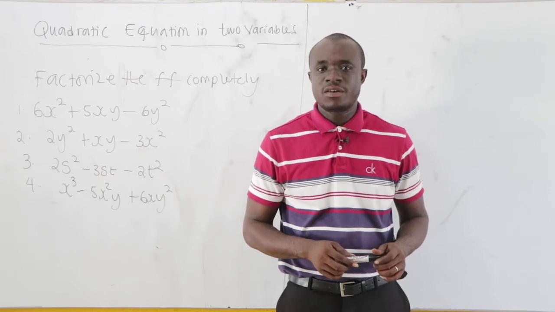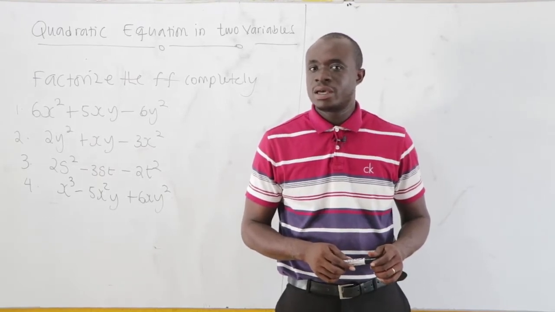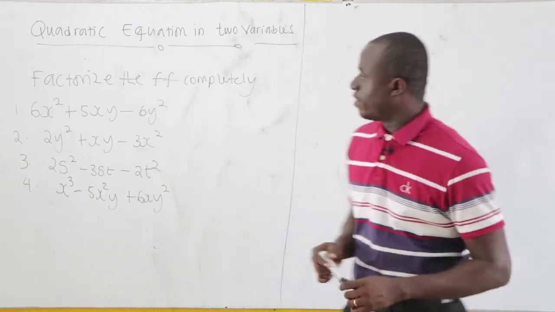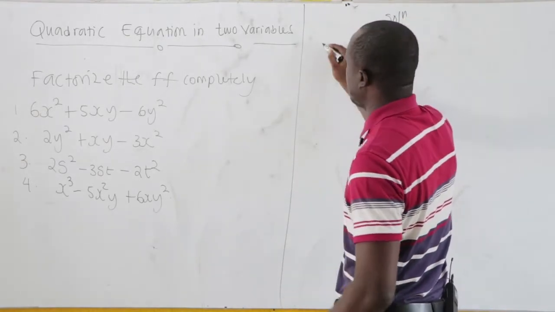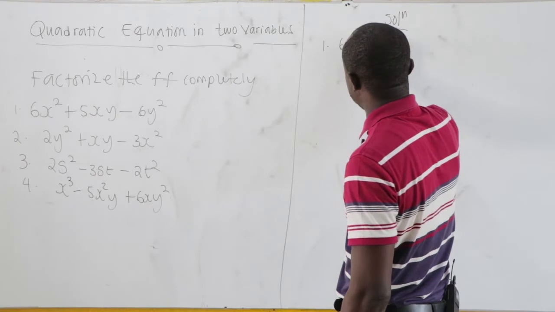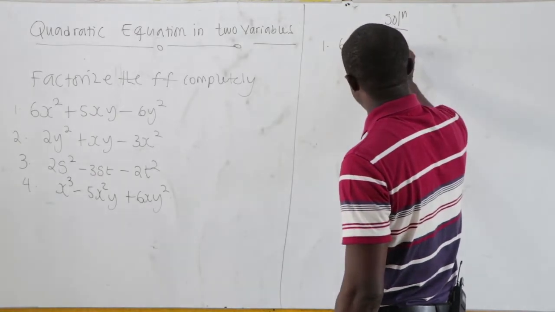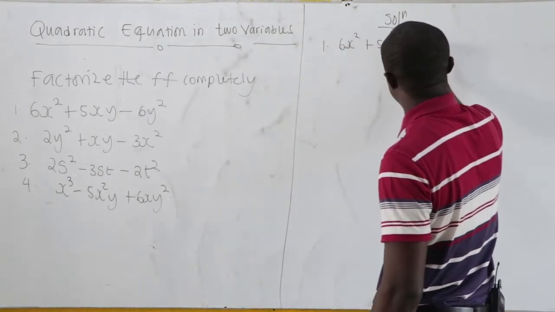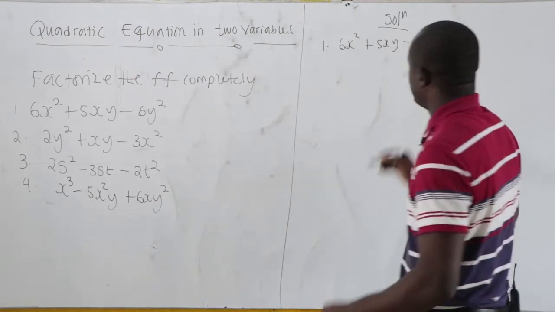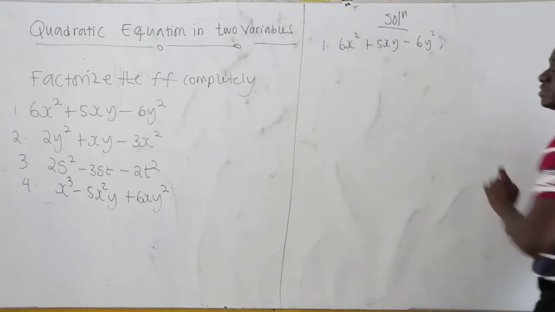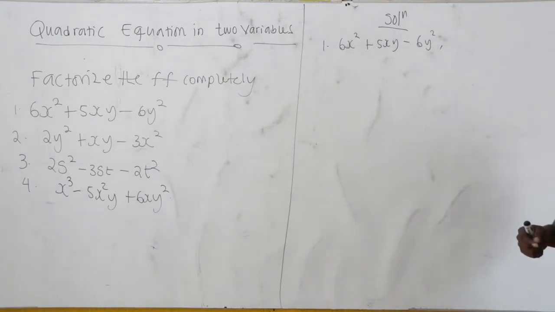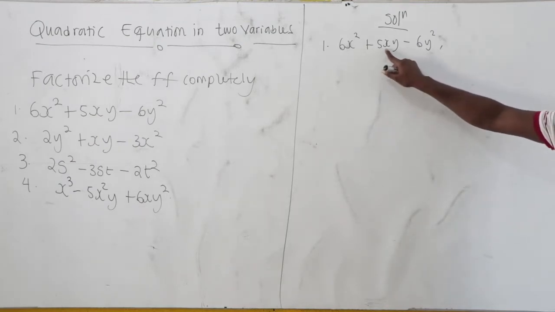Now let's consider factorization of quadratic expressions in two variables. The first one given to us is 6x squared plus 5xy minus 6y squared. 6 times negative 6 is negative 36. So two numbers, when you multiply, you get negative 36, and when you add, you get 5xy.